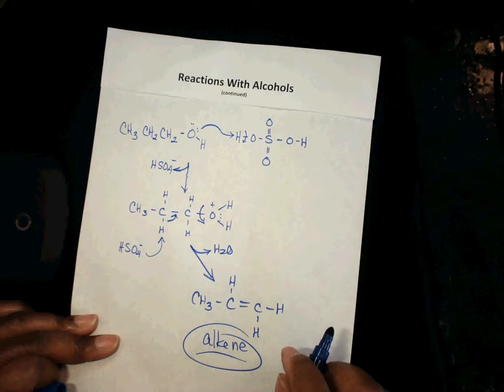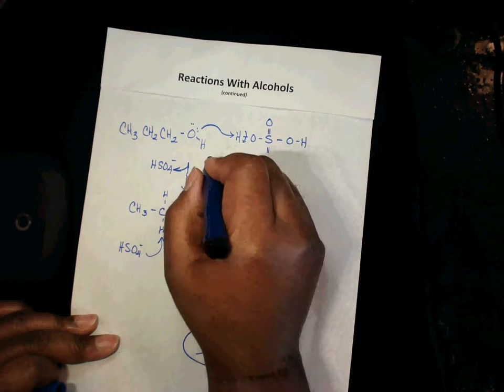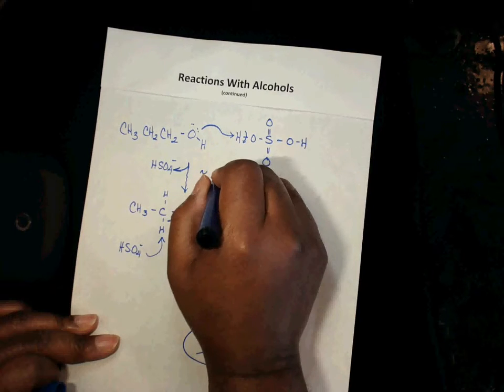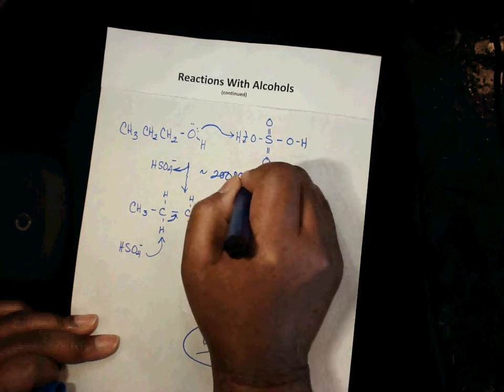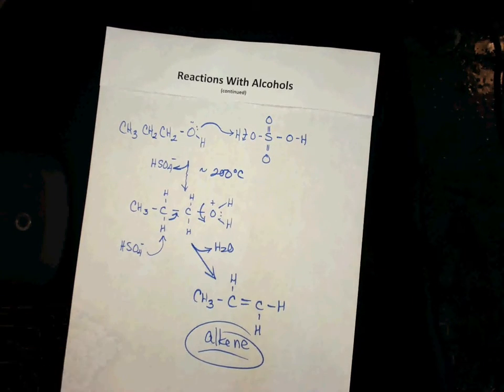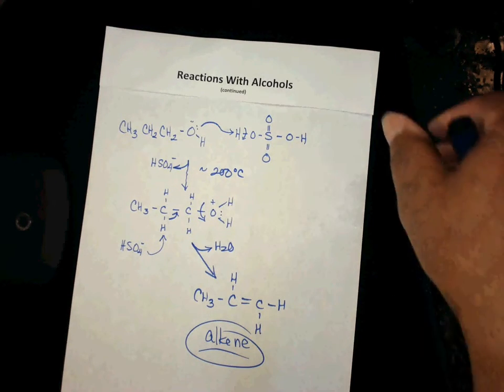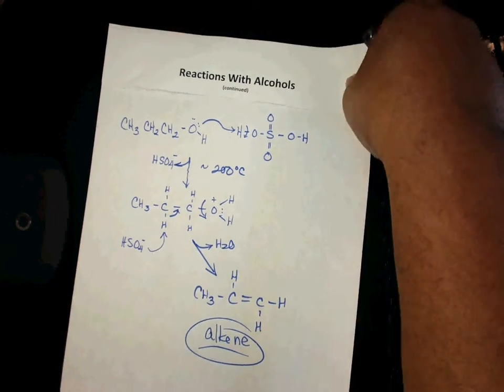Now, we said that this reaction typically occurs at about 200 degrees Celsius. Now, question is, what happens if the temperature is a little less? So, let's play around with that and see what we come up with.